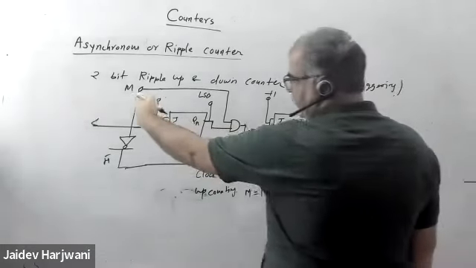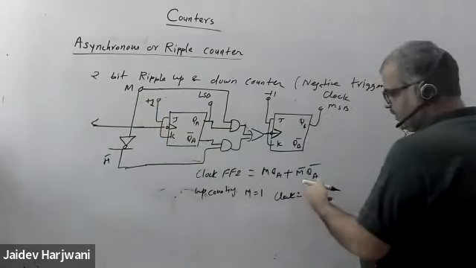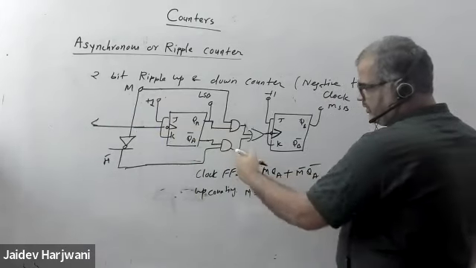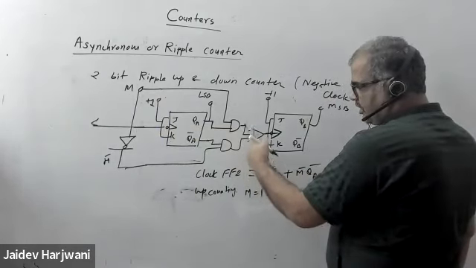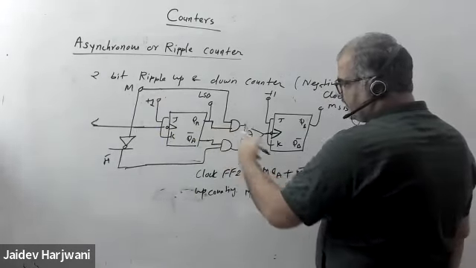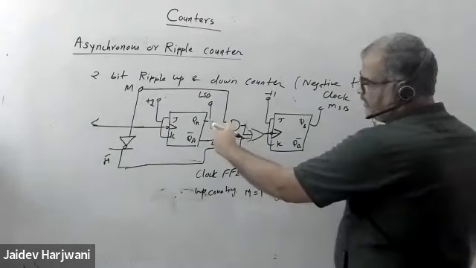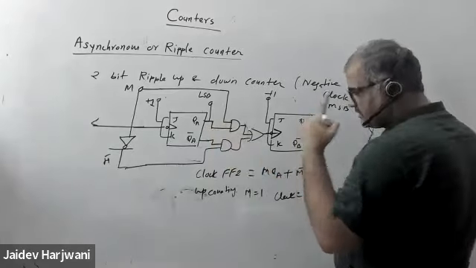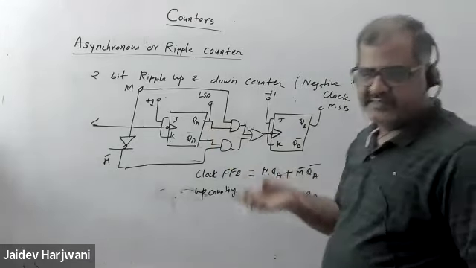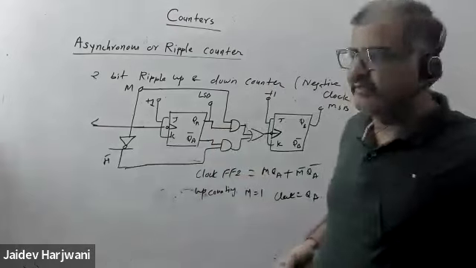If there is a high voltage here, automatically this whole term becomes 0. This is an OR gate, so only this one is connected directly. Because now your clock is equal to QA, and clock equal to QA is what happens in up counting. The same as I did before.